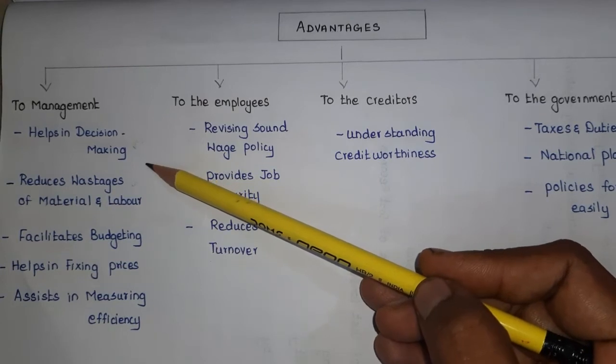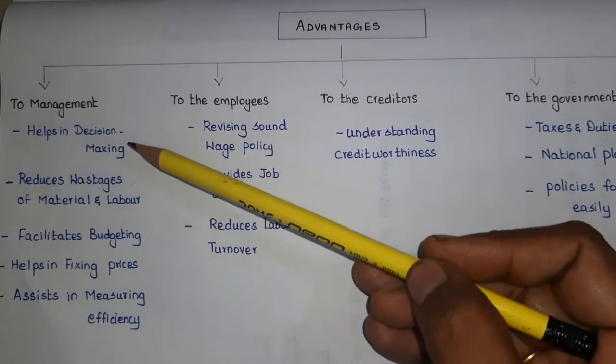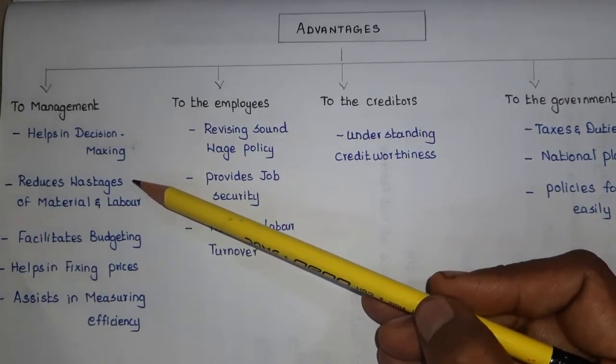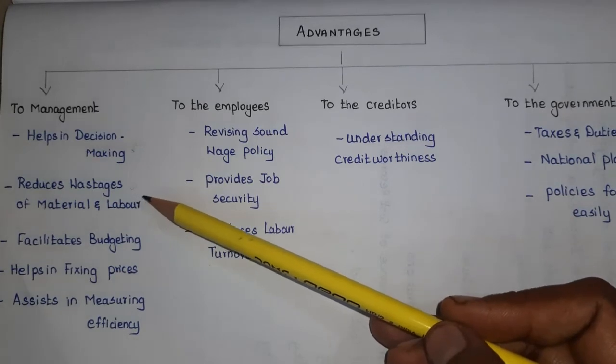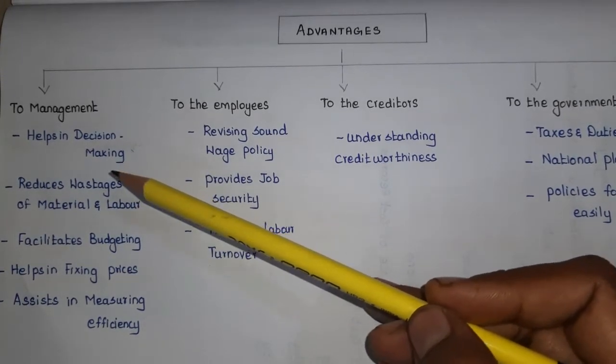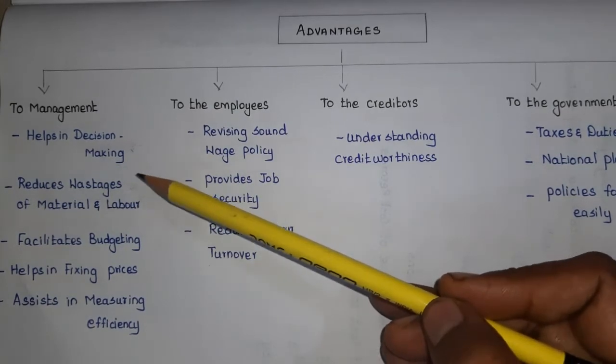So these are the questions that arise in case of decision making. The next point is reduces the wastages of material and labor. Cost accounting makes cost personnel maintain a perfect record of material and labor.